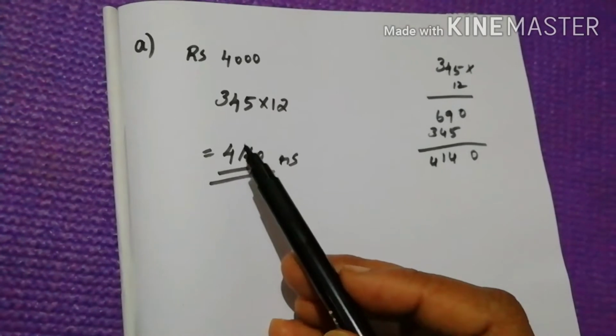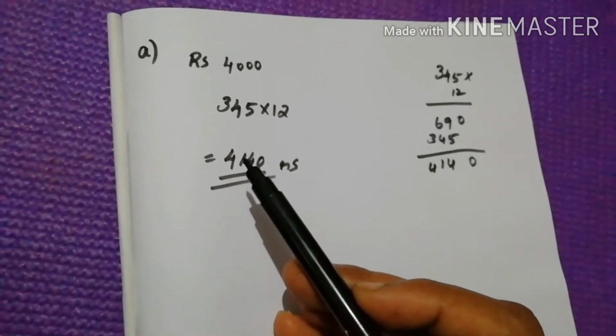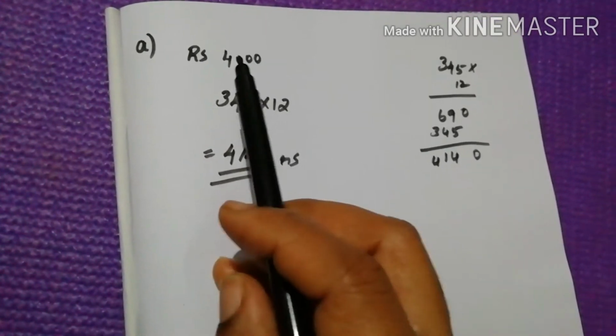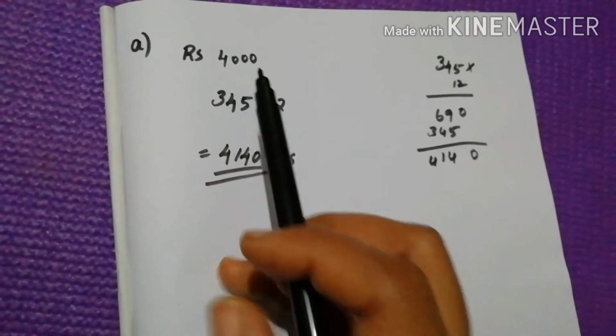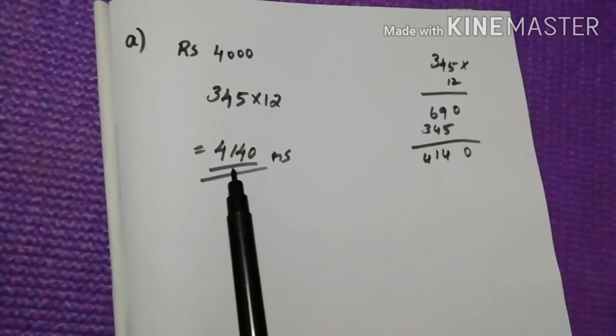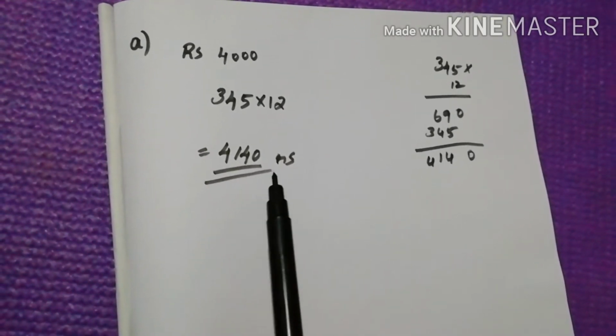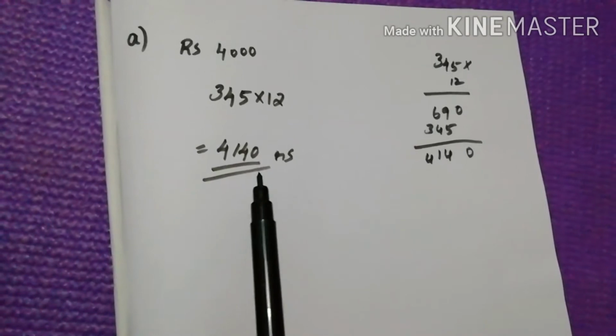And what is 140? It is the interest. She took a loan for 4,000 but she paid back 4,140. So 140 is the interest that the bank takes.